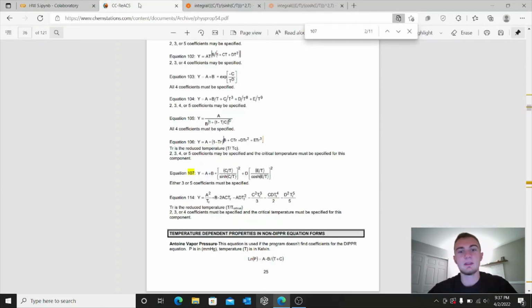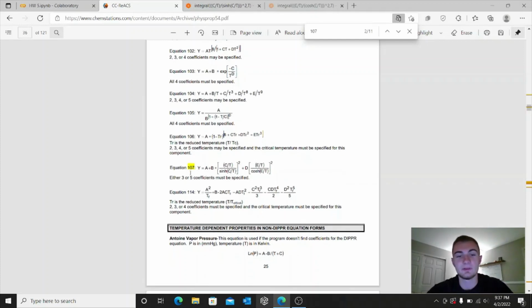So I've gone ahead and looked up this equation 107, and I just did a basic Google search. So I searched up ChemCAD equation 107, and this is equation 107 here.